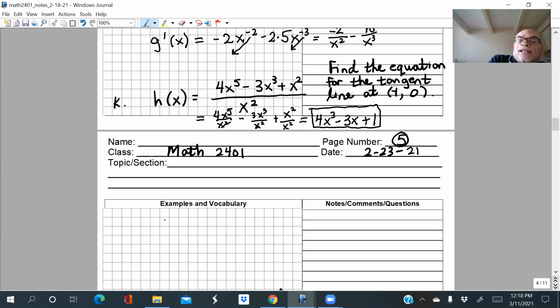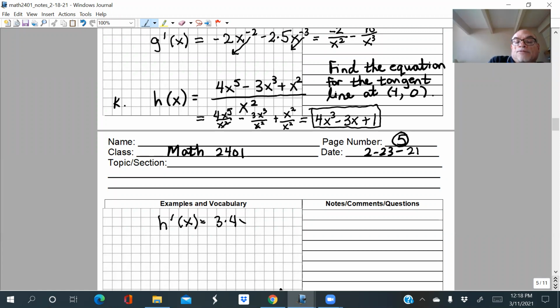And so now it's really easy to find the derivative when you have it rewritten like this, because these are powers of x now. So h prime of x would be, let's see, to find the derivative of 4x cubed, bring the 3 down.